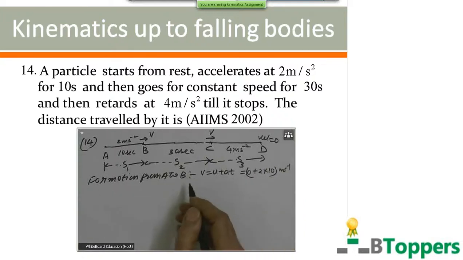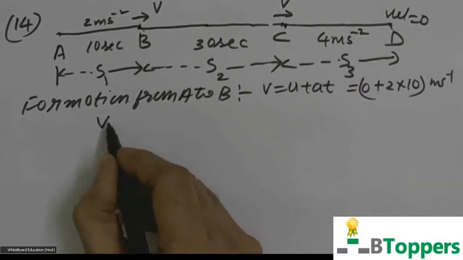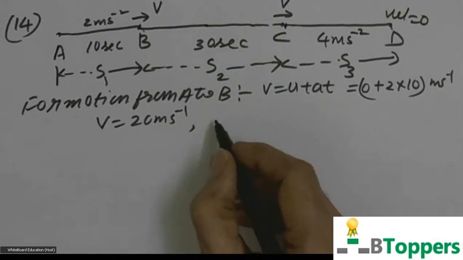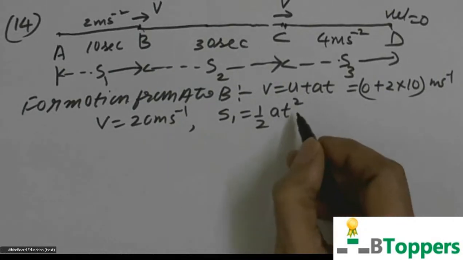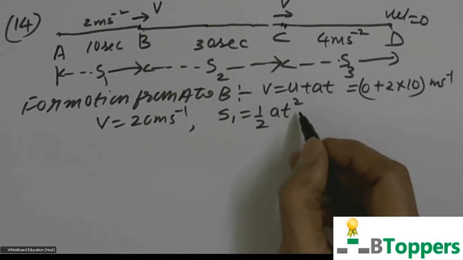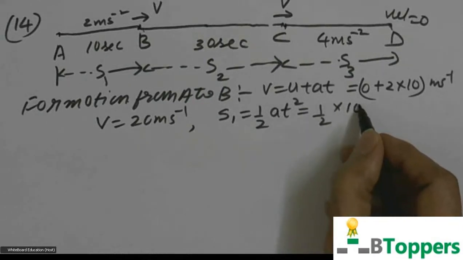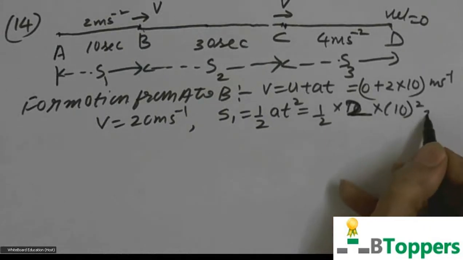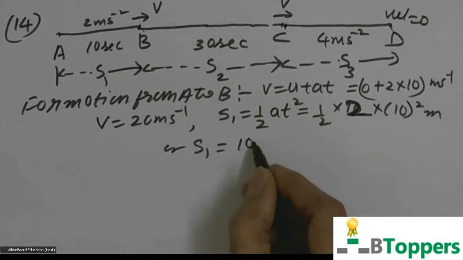So it acquires a velocity of 20 meter per second at the point B. The distance traveled in the first 10 seconds can be found by using S equal to ut plus half at square, but the initial velocity u is 0 here, so S equal to half at square. With a equal to 2 meter per second square and t equal to 10 seconds, the distance traveled in the first 10 seconds will be 100 meters.